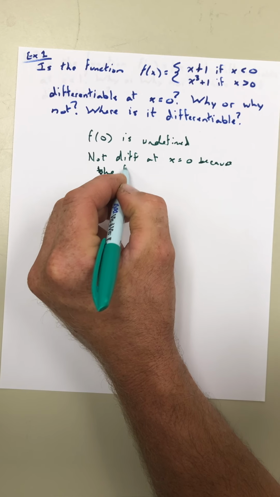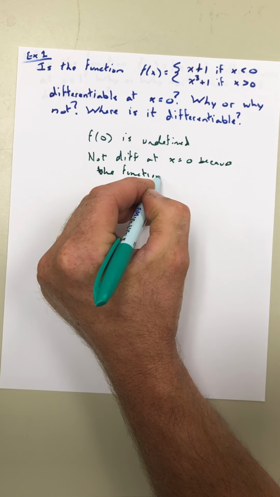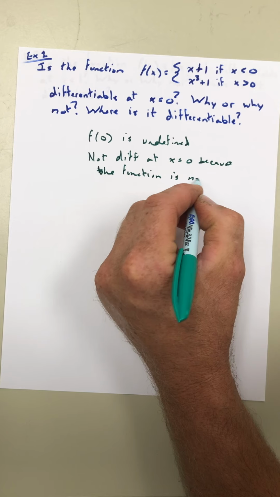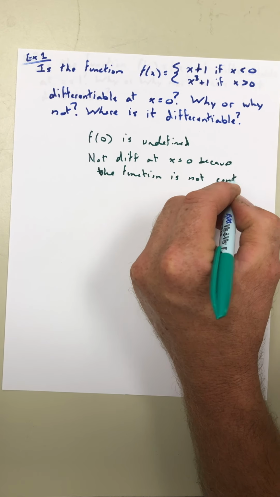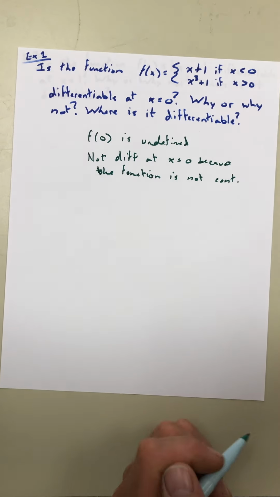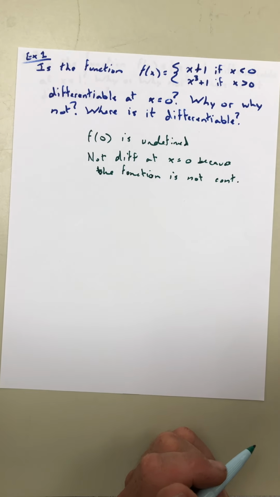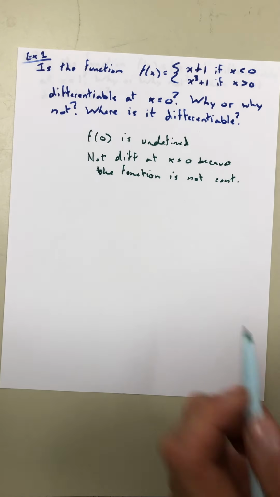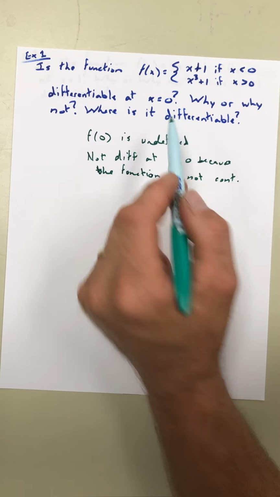The function is not continuous. My penmanship is not great either today, is it? So it's not differentiable at x equals 0 because the function is not continuous. Where is it differentiable?